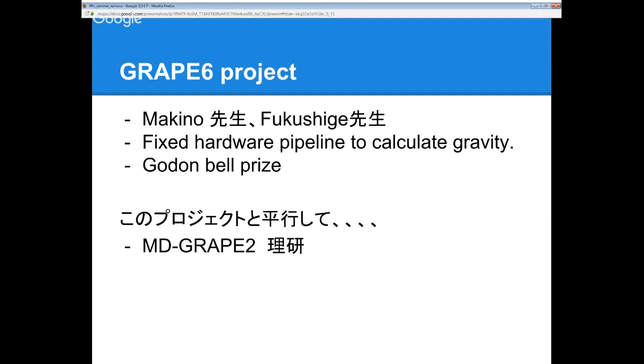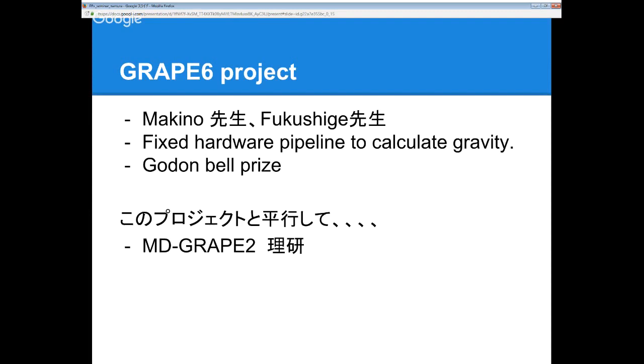And about GRAPE-6, the project did not have enough money. So we had to reduce the cost. We did not have so many engineers, and also we had to use some third-party fabrication. But the MD-GRAPE-2 had much money, so we could use some famous fabrication to make a chip. At the time, I worked with Kobayashi-san, maybe someone knows him.